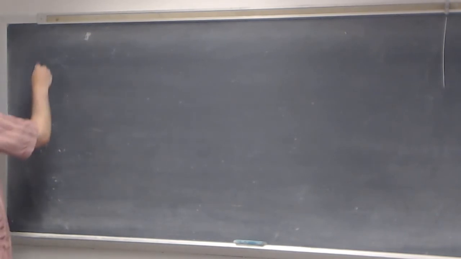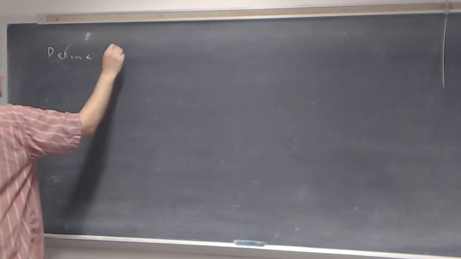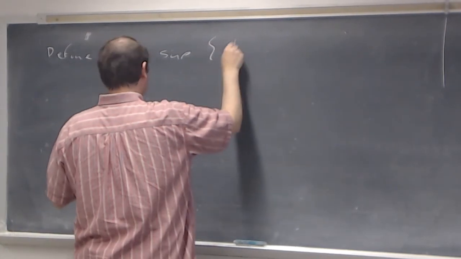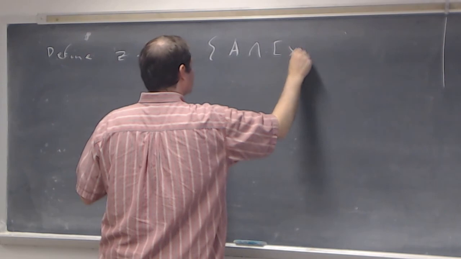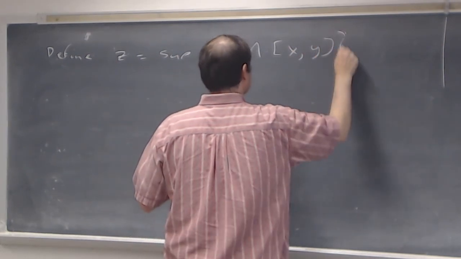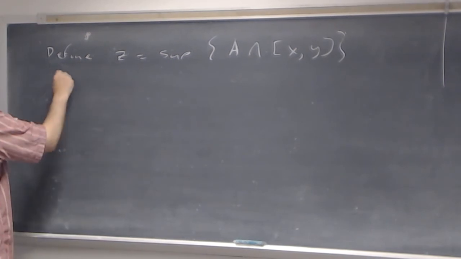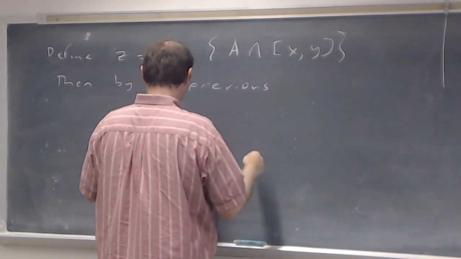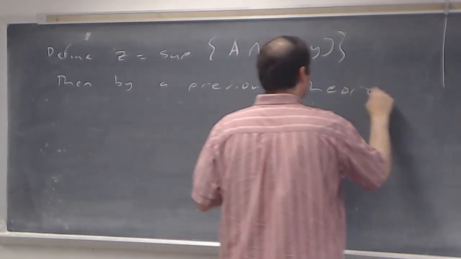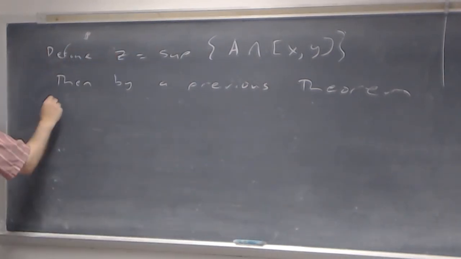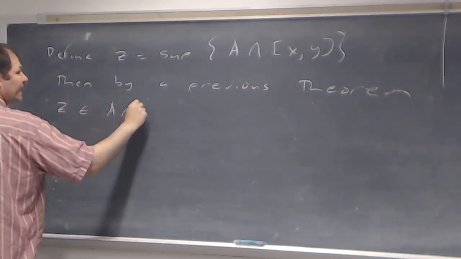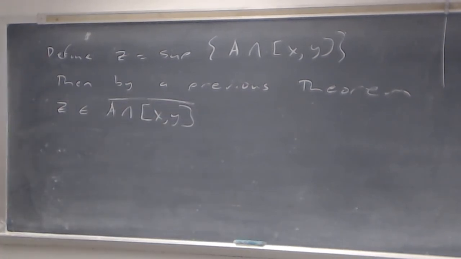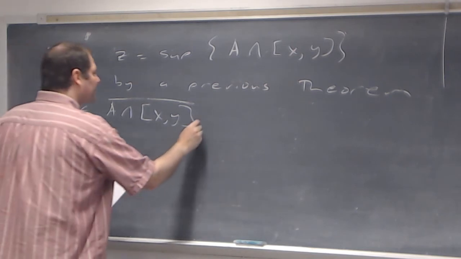Okay, now what we're going to do is define z to be equal to the sup of A intersect (x, y), this interval. Then, by a previous theorem, z is an element of the closure of A intersect (x, y).